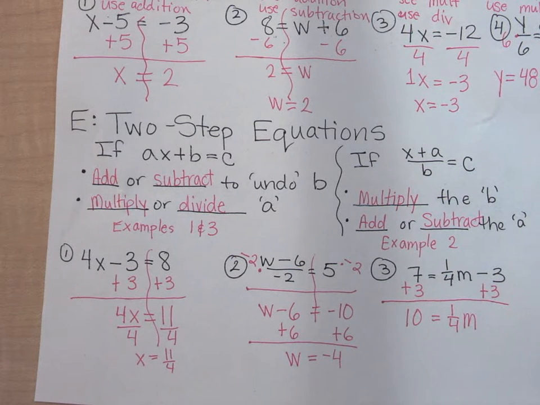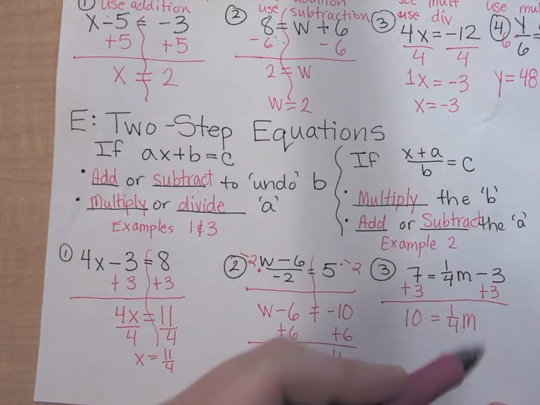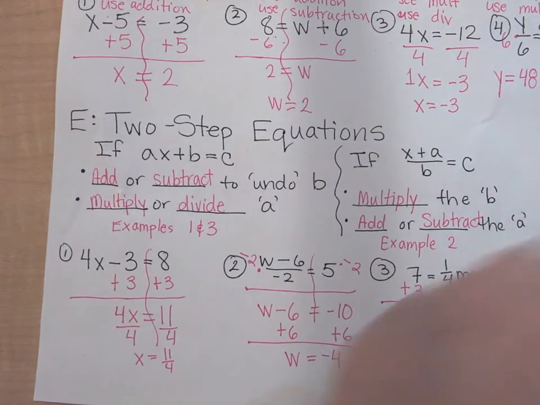What does 1/4 m mean? Okay. So what do I need to do to get rid of the 1/4? Convert it to a decimal. I could convert it to a decimal, or I could multiply by its reciprocal, 4/1, right? So with a fraction, to get rid of it, we're going to multiply, but we're going to flip whatever's in the top and the bottom.